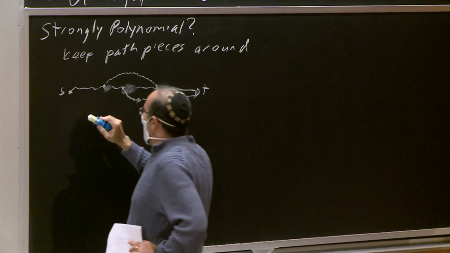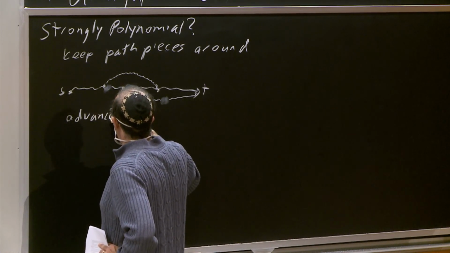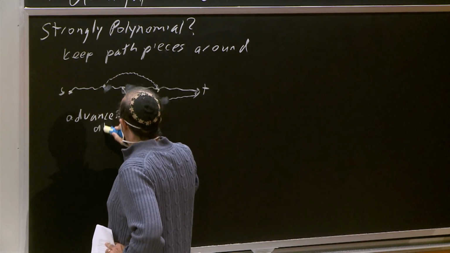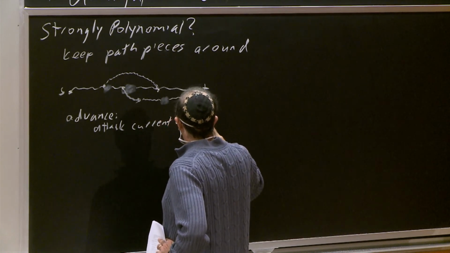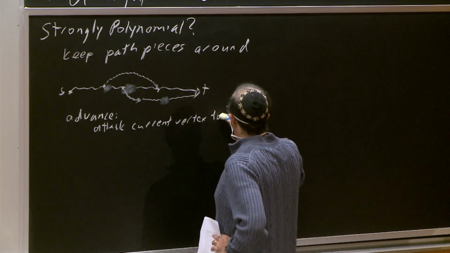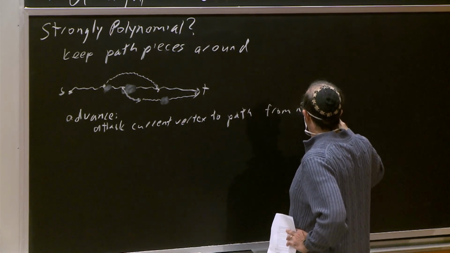And what that means is that when I advance, I'm going to attach the current vertex to the path from the next vertex.